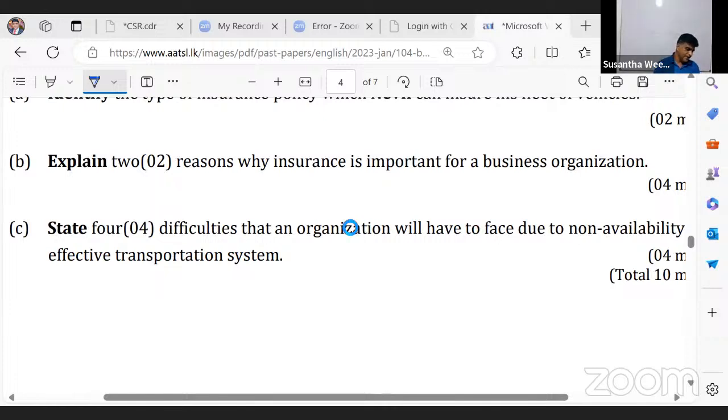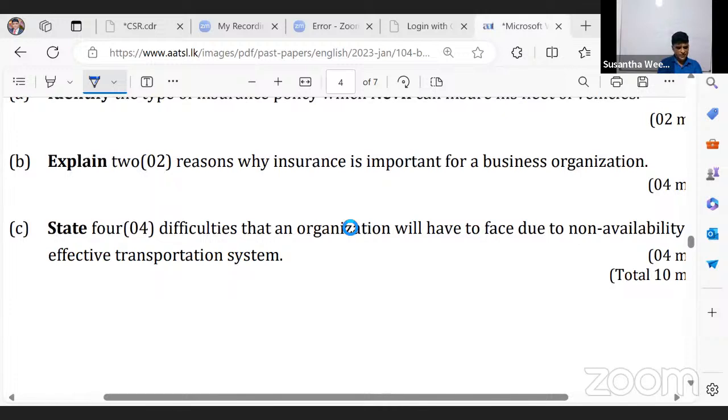As an example, vehicles transporting food, just like fish and meat, have to be transported in cooler trucks, right? If that is not available, then definitely that will affect the goods transported in the vehicle. Another thing is safety.